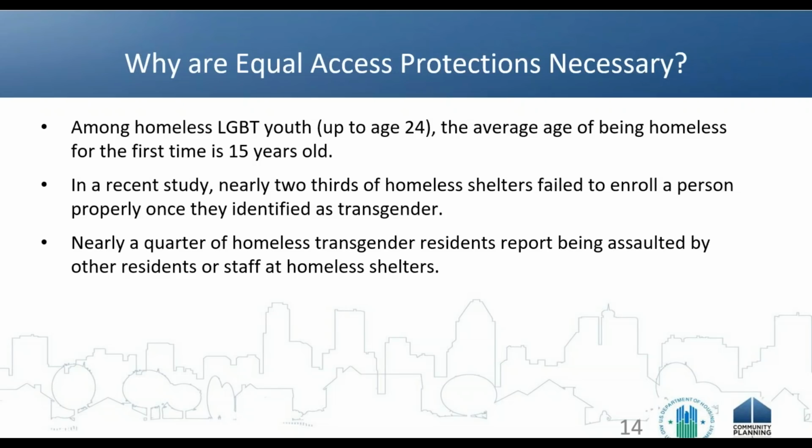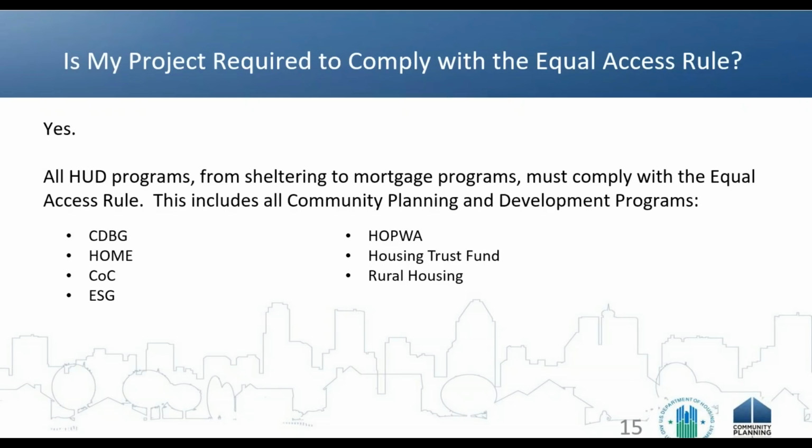So if you go to the next slide, to answer the question of whether your project is required to comply with the equal access rules, that covers the 2012 and the 2016. Any HUD program, if you receive HUD funding, then the equal access rule applies to you. The 2016 rule is specifically about gender identity in single-sex environments.